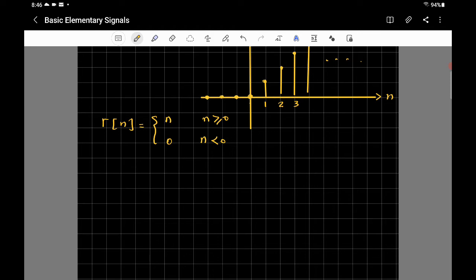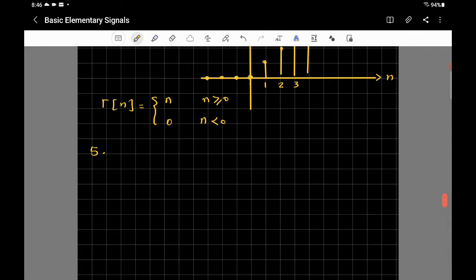So let's go to the fifth one, which is the unit impulse signal. And it's written like that, and you read it delta of t.